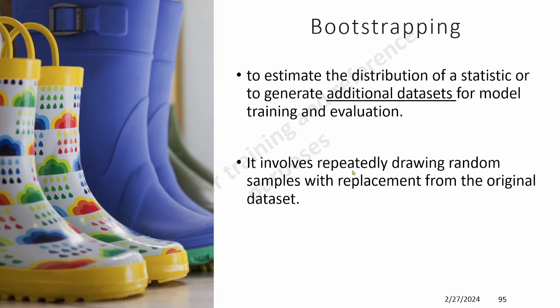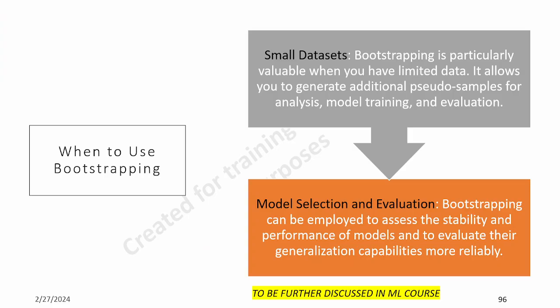This involves repeatedly drawing random samples with replacement from the original dataset. Use bootstrapping especially when you have a small dataset and you want variation of it. I'm not going to cover bootstrapping here.